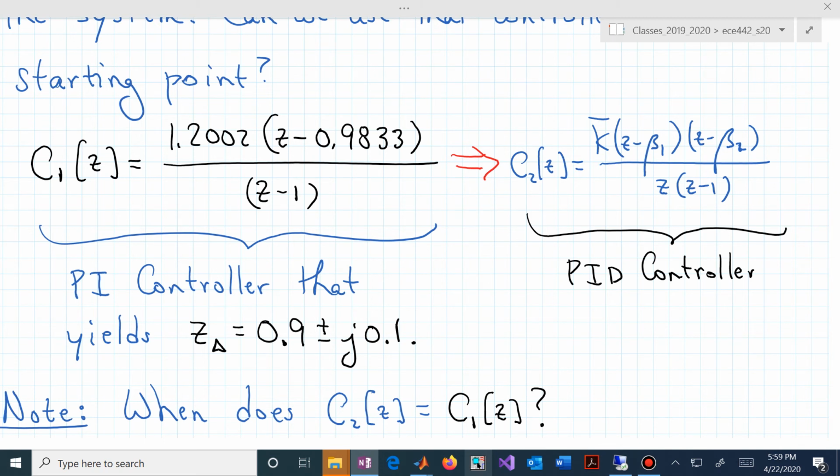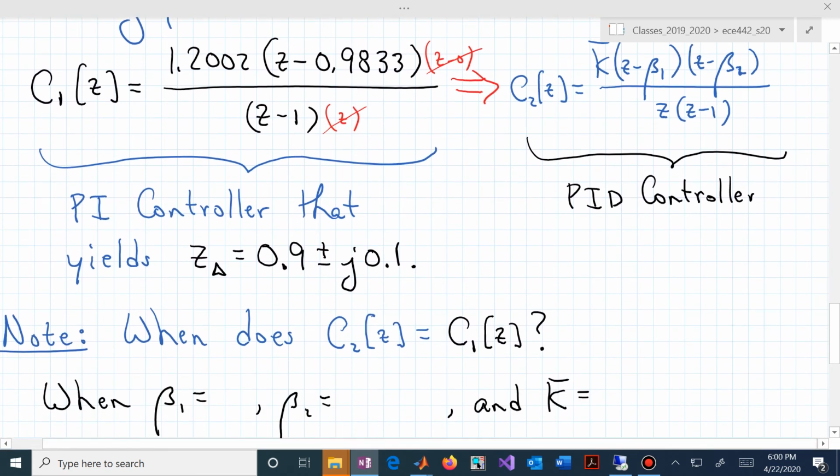And hopefully you can see that in fact we could put in a z minus 1, another 0 factor, and we could put in a pole here, z, and these two effectively cancel each other out, but in so doing we now have produced a PID controller that will duplicate the behavior of C sub 1 of z.